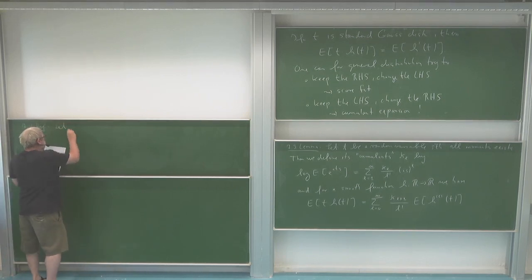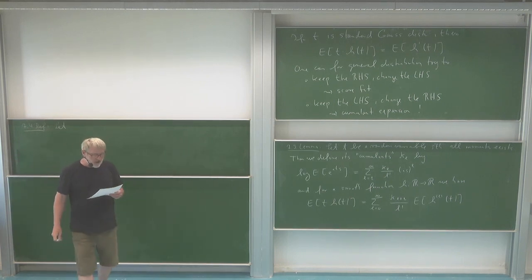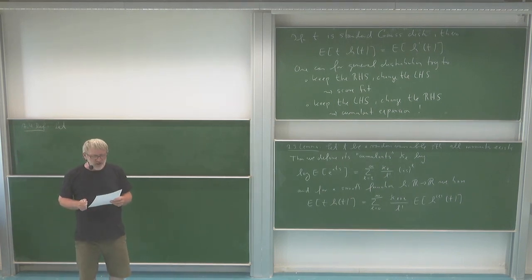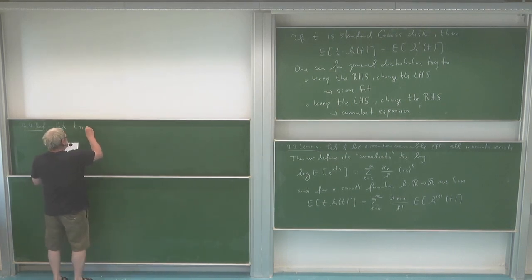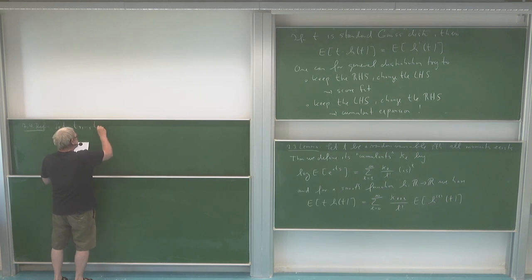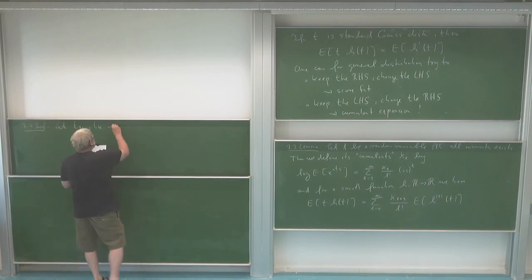So now I consider a multidimensional version: a collection of random variables, let's say t1 up to tk. Later on they will be indexed by double indices ij, because I put them into a matrix, but this doesn't play a role here. So it's just a finite number of random variables.